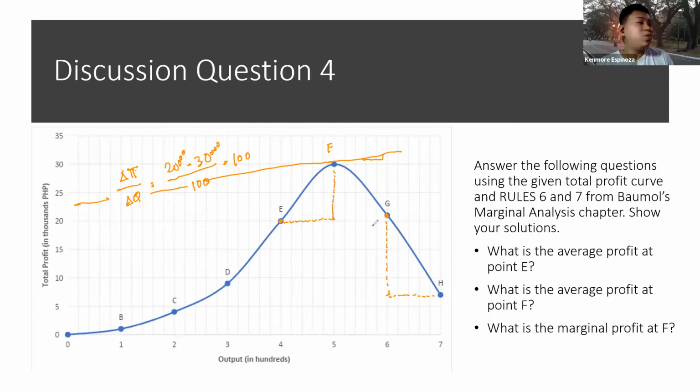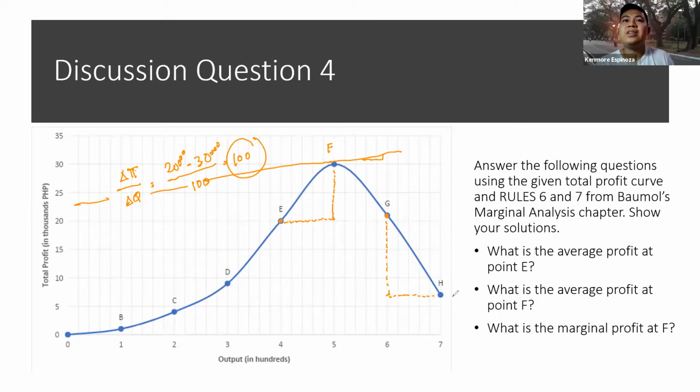Pero if you're doing it based only on the data that it has given you, we can consider 100, because the given is silent on point F. What you have is only B, C, D, E, F, G, H.